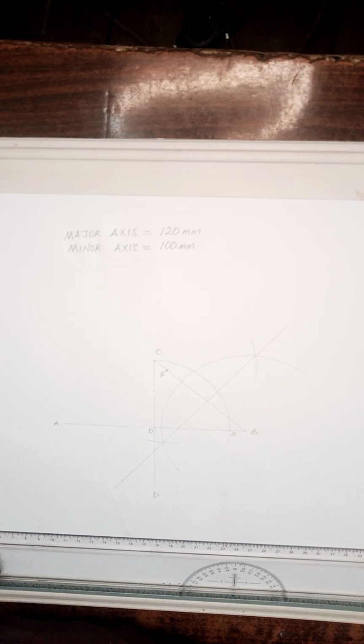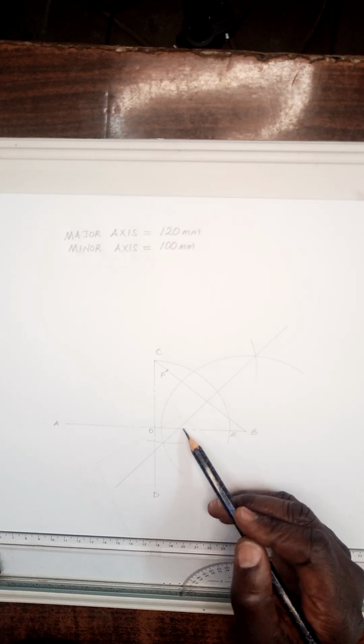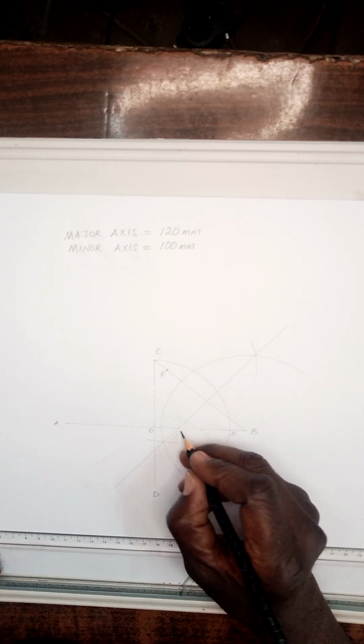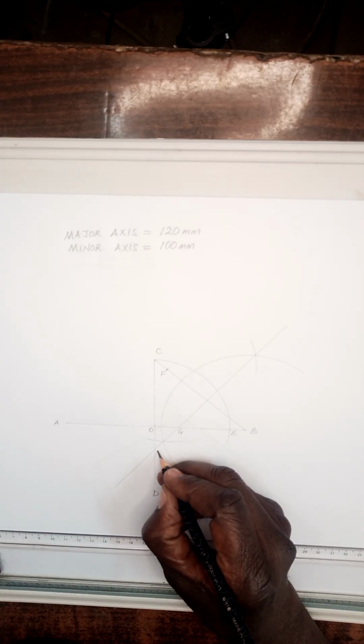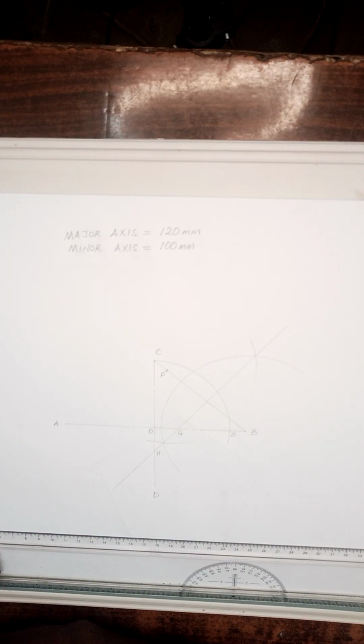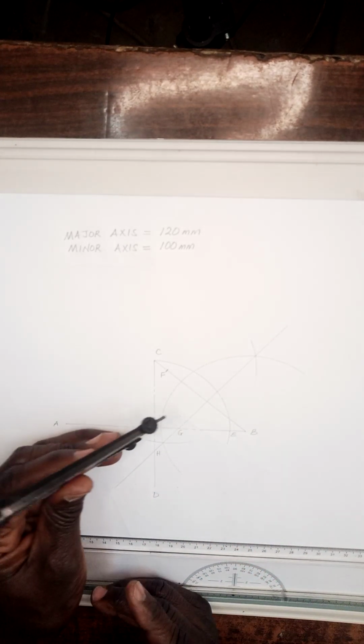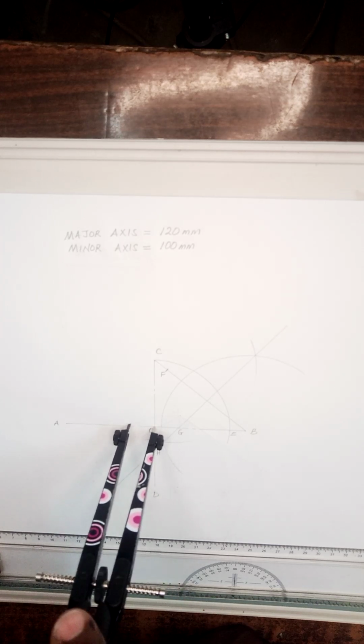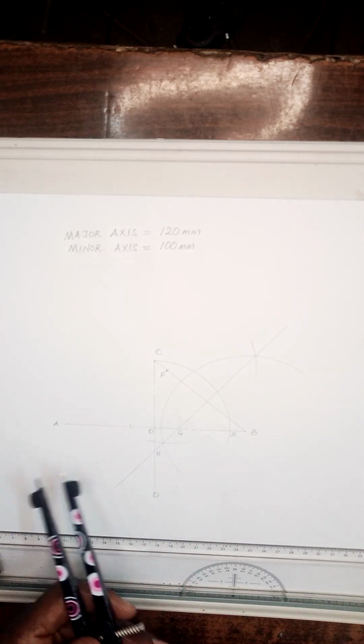Okay, this perpendicular bisector is very, very important because it's cutting the major axis and the minor axis on points G and point H. Now, we are going to copy OG to the opposite side of the major axis in that manner.